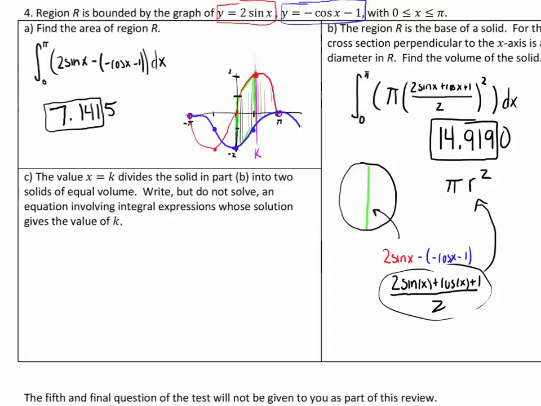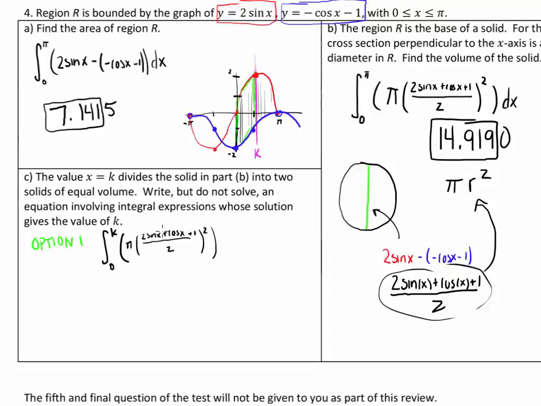So option 1, it's saying, if I find the volume of this first piece, so I'm going from 0 to K, wherever K is, the volume generated by that is going to be the same equation I used over here, pi times 2 sine of x plus cosine of x plus 1 divided by 2, squared.